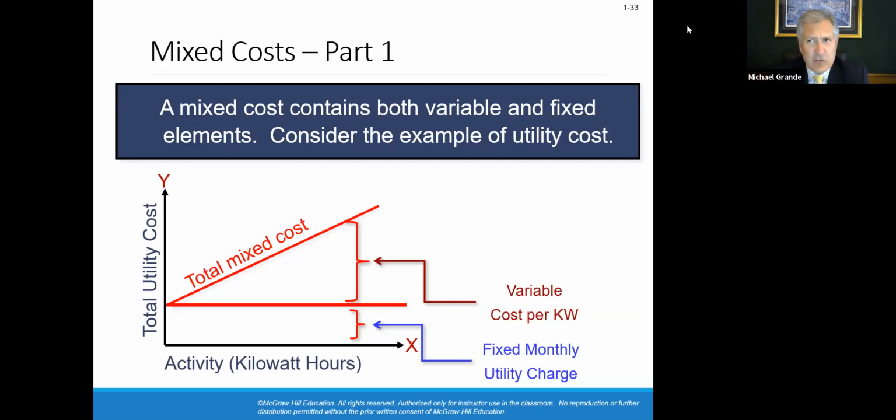Absolutely. There's a certain level of electrical cost that has to be there. There's some lighting, there's some electricity for air conditioning, for computers, a certain level of electricity use has to go. That's the fixed component.